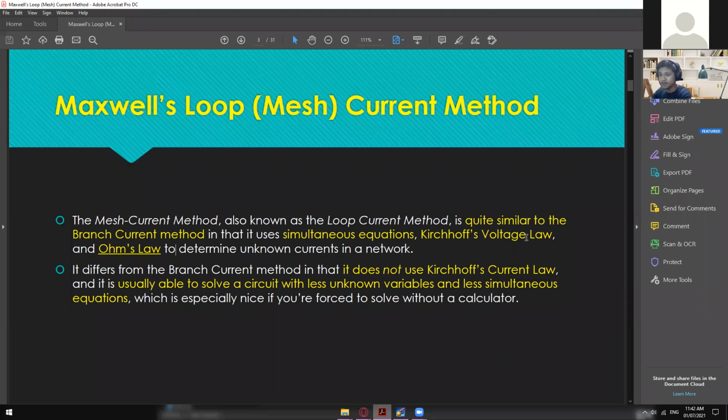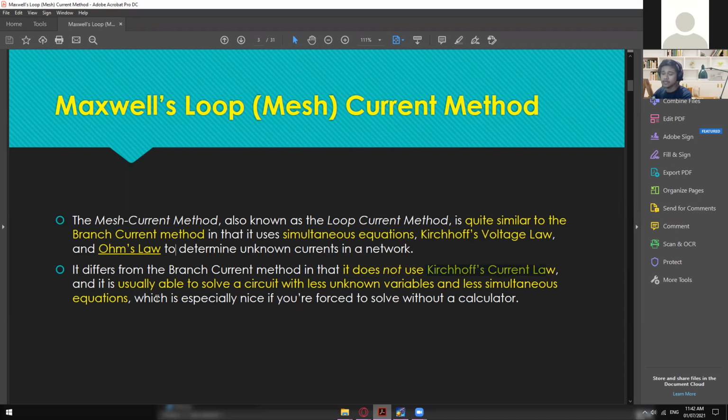Everything, even Kirchhoff's voltage law, is still using Ohm's law to determine unknown currents in a network. It differs from the branch current method in that it does not use Kirchhoff's current law. This is the only difference we could think about between Kirchhoff's and Maxwell. When we see the Maxwell current method, it doesn't use Kirchhoff's current law, the KCL.